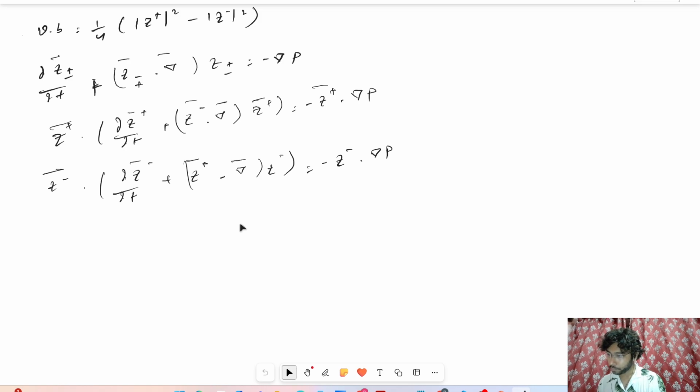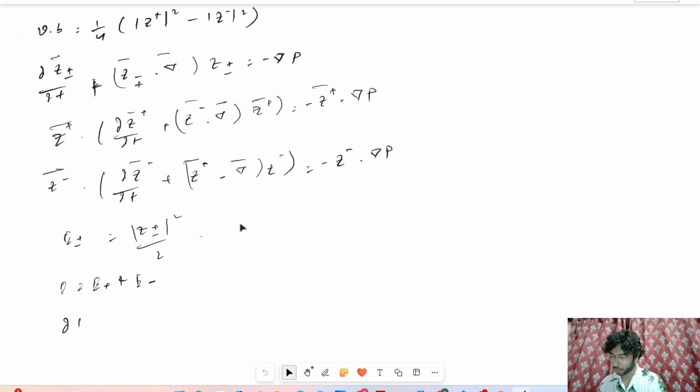Okay. So we also know that the modes of energy are Z plus minus whole square by 2. The total energy is E plus E minus, right?